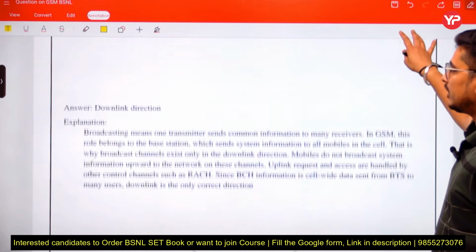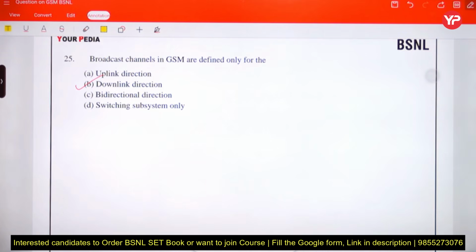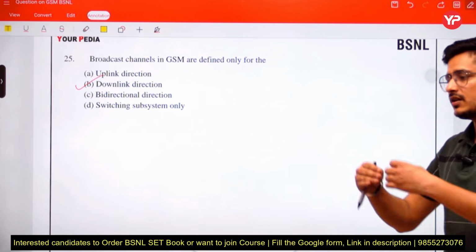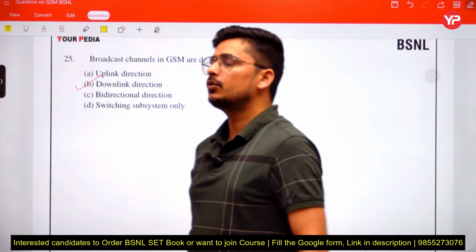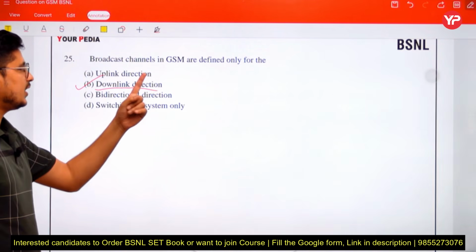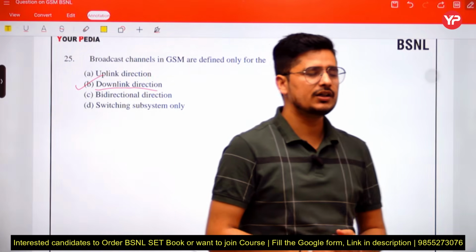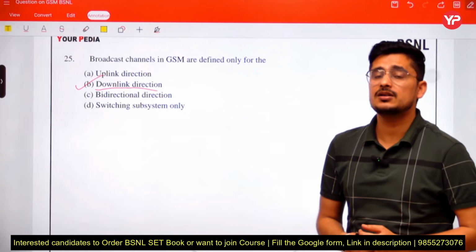Whenever he is talking about the broadcasting channel in GSM, that will be transmitted from the tower to the mobile station, that's why it is known as the downlink direction. So these are some important questions from that topic of GSM.